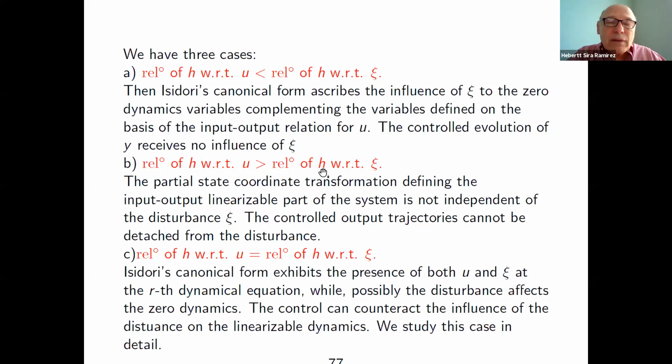Those perturbations might be affecting the stability of the zero dynamics, and that will result in a non-minimum phase system, which is now unstable, not because of the structural properties, but because of the presence of a disturbance that might be destabilizing your equilibrium of the zero dynamics. On the other hand, it may also happen that this disturbance disturbs in a bounded manner the equilibrium of the zero dynamics, and you are oscillating around the equilibrium point with bounded values of the zero dynamics. Well, that doesn't bother you in the output relation. So this is the second case.